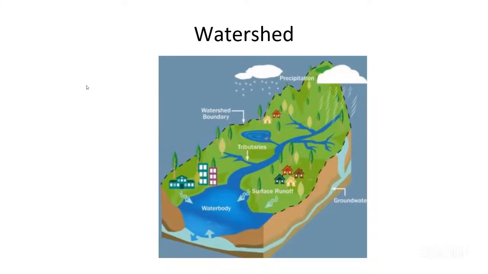Okay, storing of water is called the watershed. Here you can see the watershed picture. A watershed or catchment area is the land area that drains rainwater into the same river, lake, or reservoir. Pollution anywhere in the watershed can reach the water source, whether surface water or groundwater.